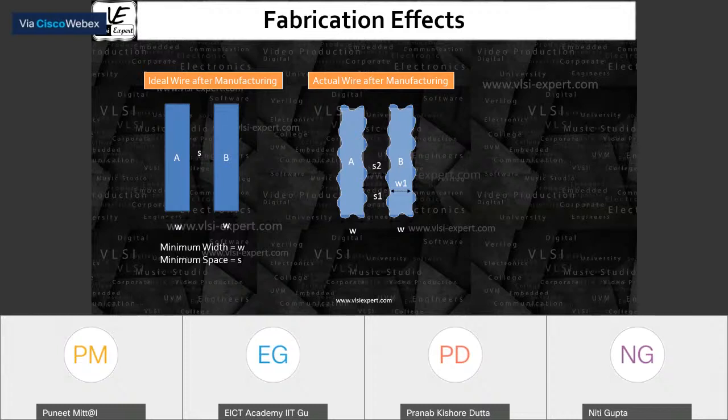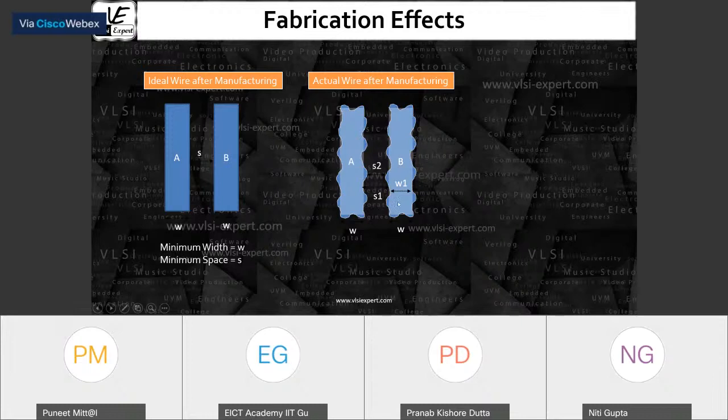And in that particular fabrication process, you will come to know there are several places where there are chances of these types of manufacturing defects. So the point is, the reason I have highlighted this particular slide here, ideally, this is basically what you want to achieve.